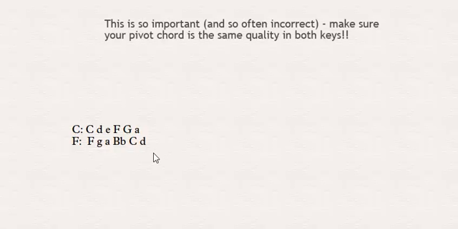The way we figure out which ones are appropriate for pivot chords, first of all, they have to be the same quality. It couldn't be a major triad in C major and a minor triad in F major. That just doesn't work. It has to sound exactly the same for it to work as that smooth modulating chord.